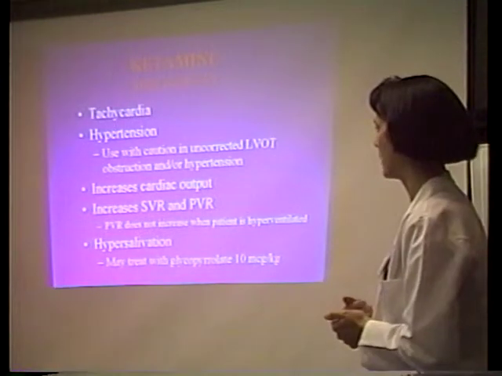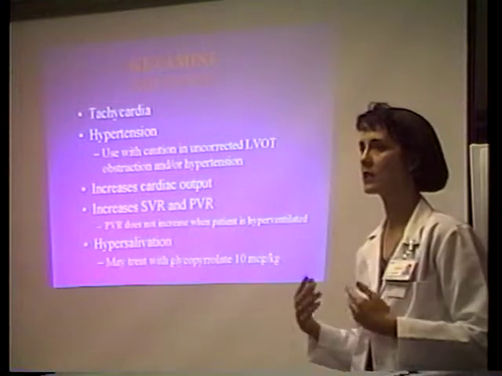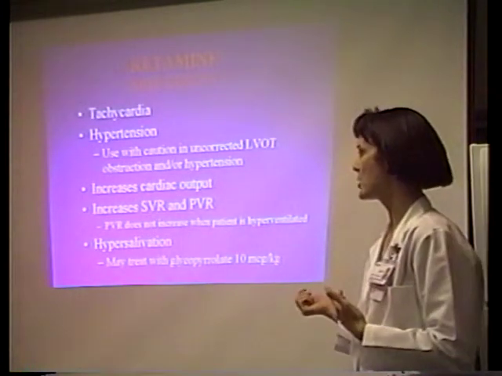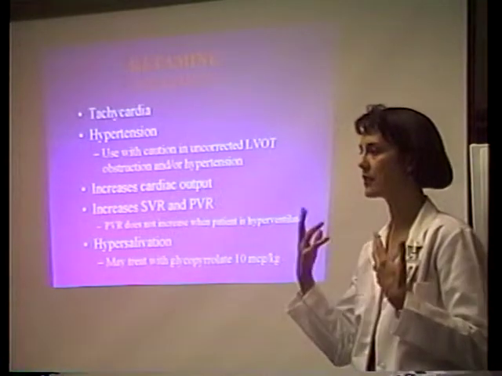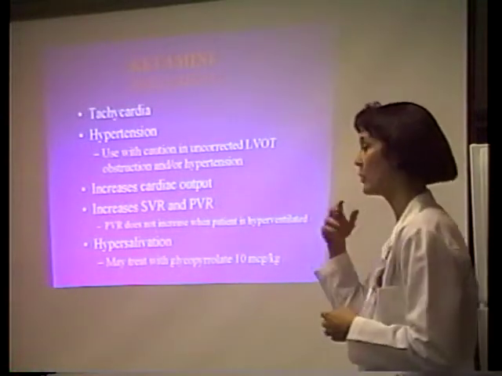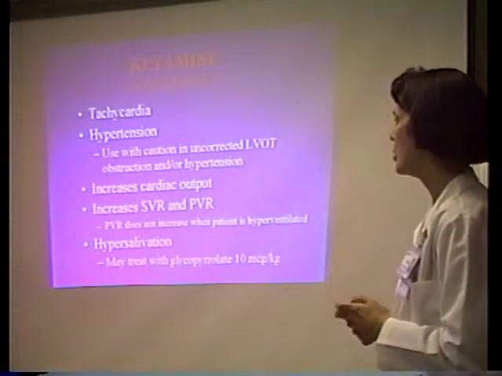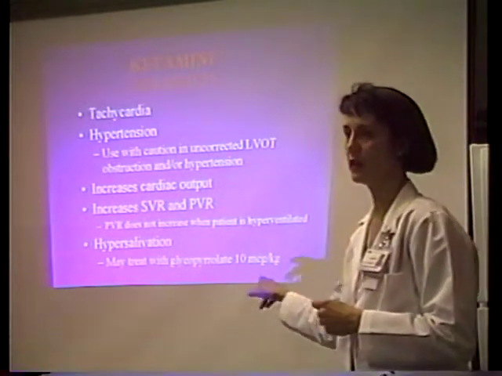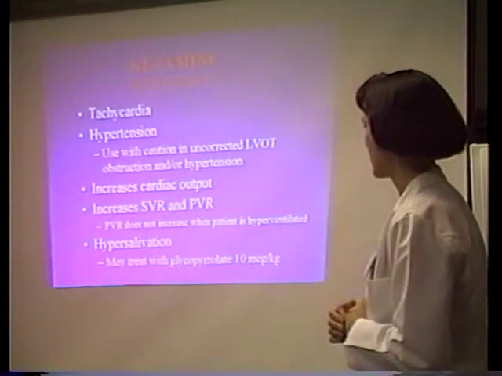One of the side effects that's a real problem for us is that it causes a lot of secretions. In intubated patients it's probably not an issue, although if it looks copious, they're dripping out of their mouth and you're afraid the tube might slide out, you can treat them with glycopyrrolate or even atropine in the same dose, and they will dry up, 10 mics per kilo.